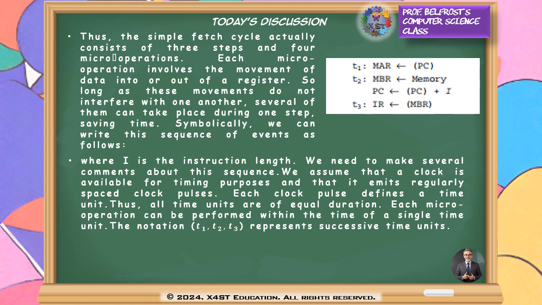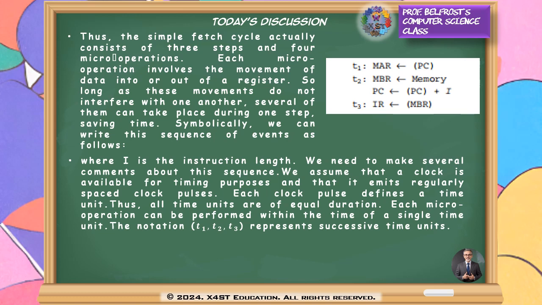Symbolically, we can write the sequence of events that I've just described as follows. I can call this a pseudocode. You can take a screenshot and try to understand it by yourself, where in this pseudocode I represents the instruction line. We need to make several comments about this sequence.